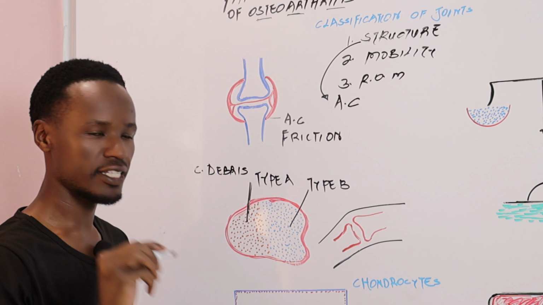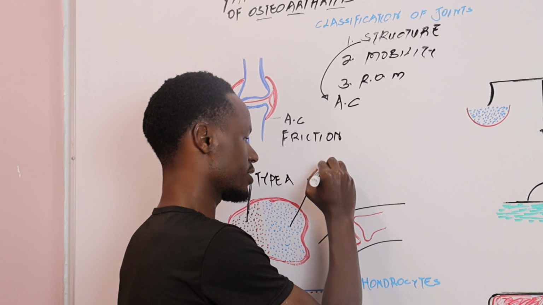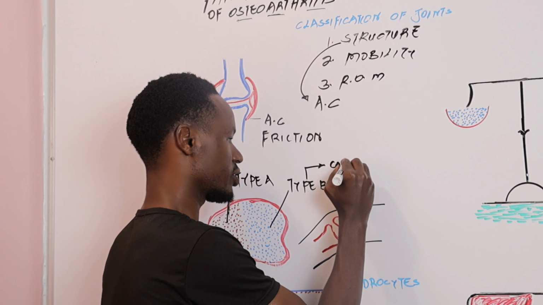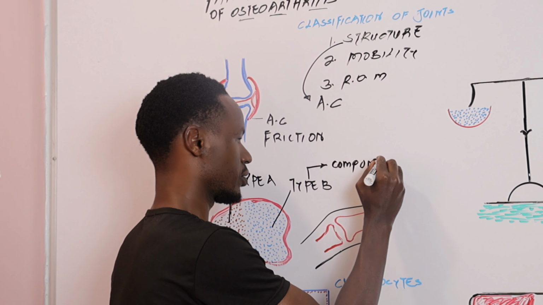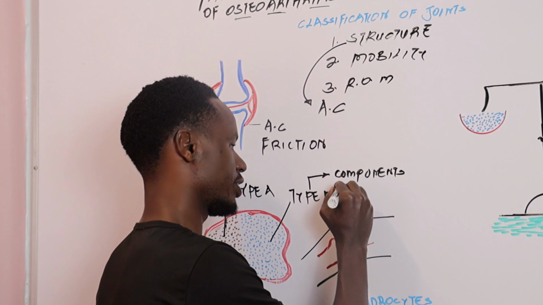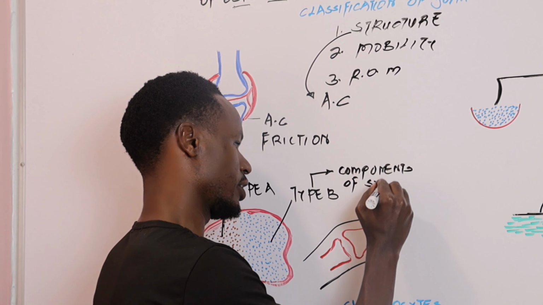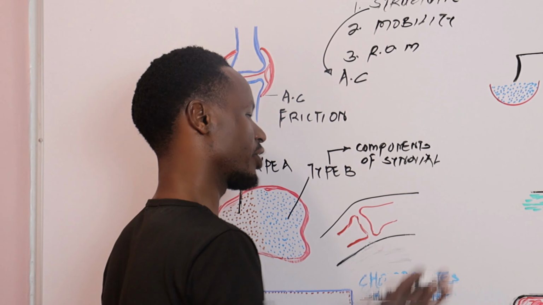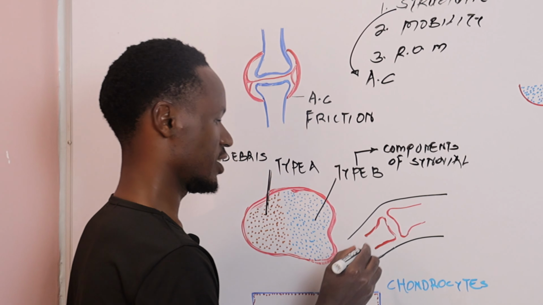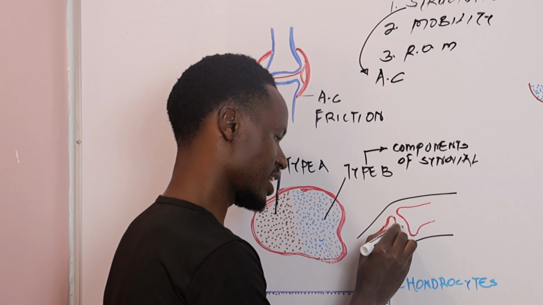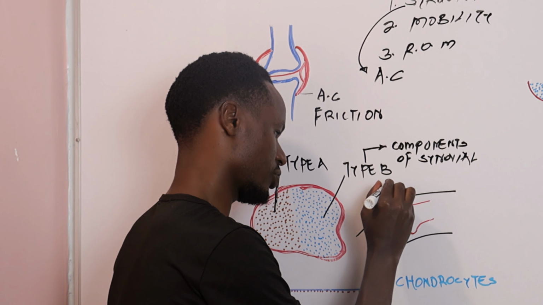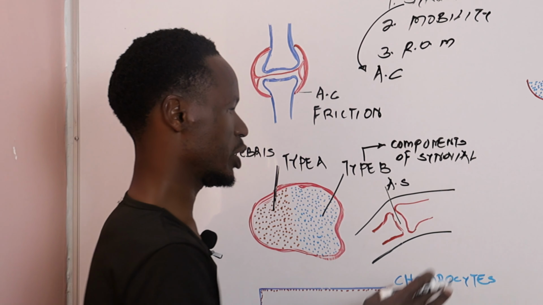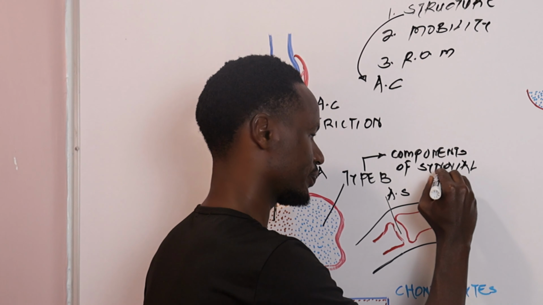And for type B cells, these are the cells that contain the components of the synovial fluid. And the synovial fluid is a lubricant that lubricates these articular surfaces. So these are the articular surfaces which get lubricated by this synovial fluid.